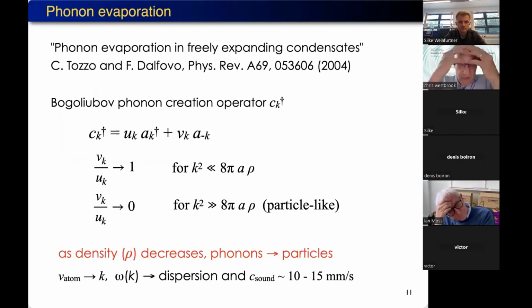And now to analyze this data, there's an important other effect that I have to discuss. It is known as phonon evaporation, at least according to the authors of this paper who introduced the idea. It has to do with the fact that the detector detects atoms hitting the microchannel plate.